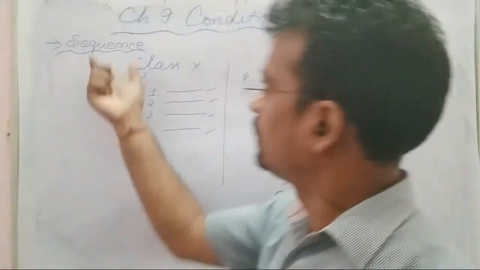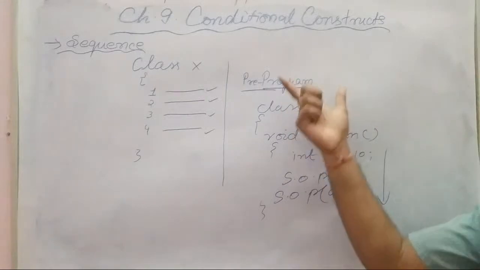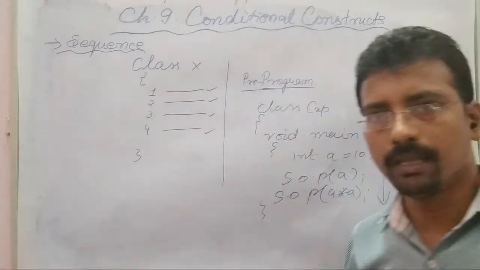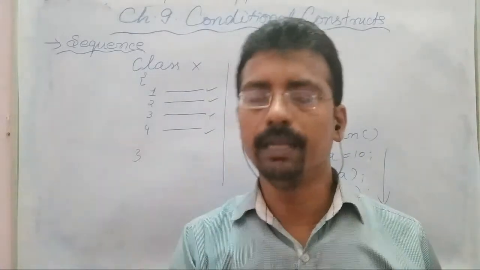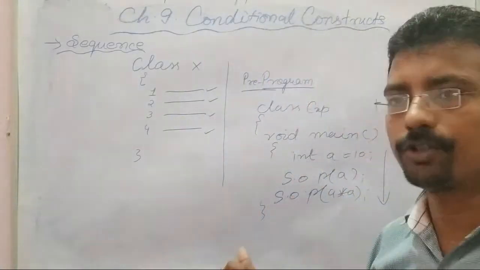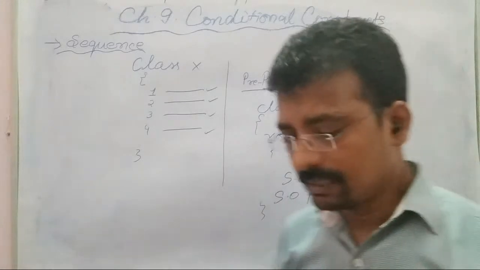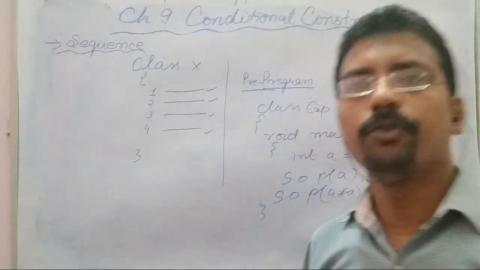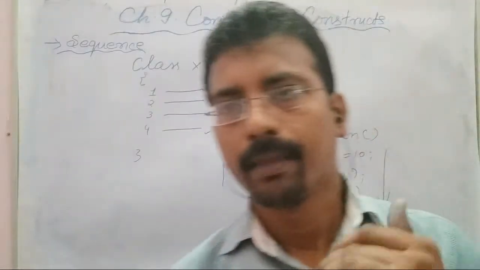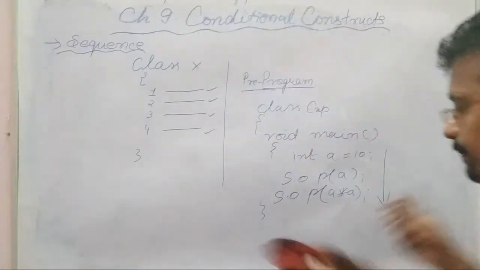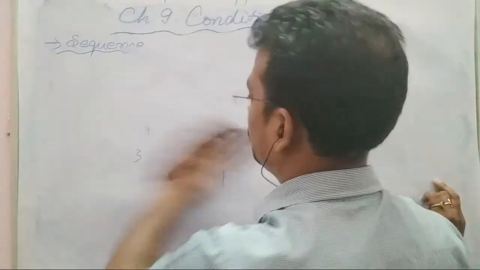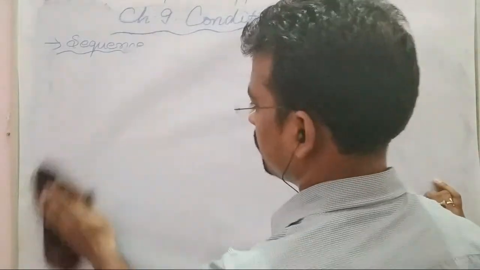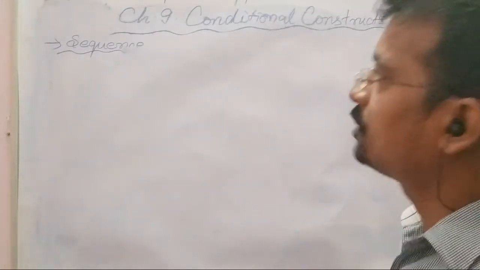A sequence is a method through which the Java program executes in the Java environment normally. It is a normal execution. We can change this execution in some way. Means there is another construct in Java.